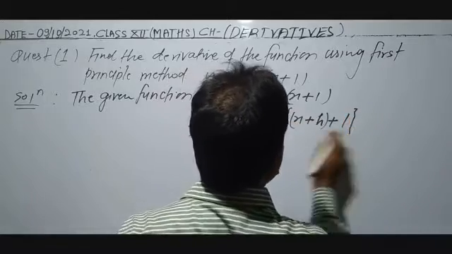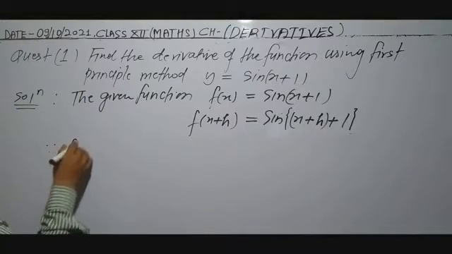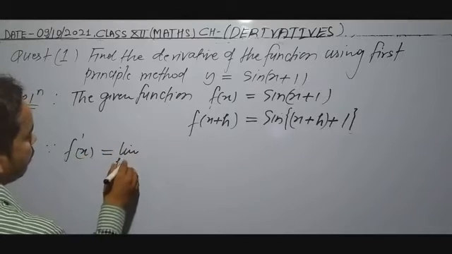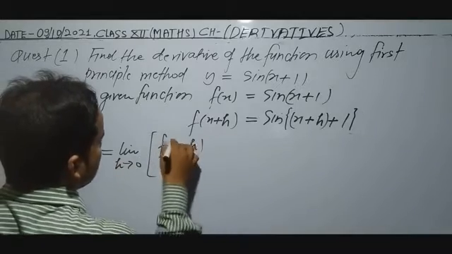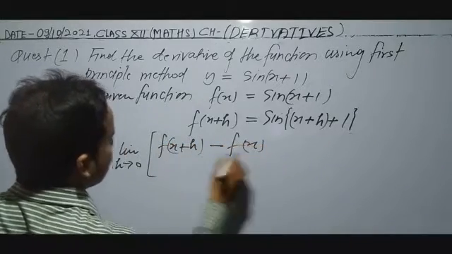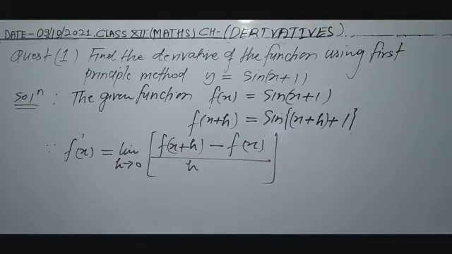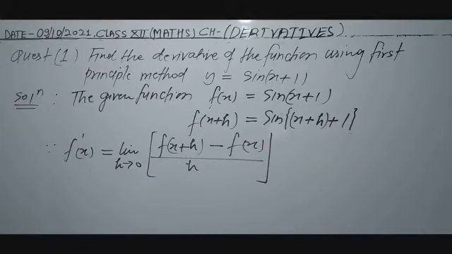At the place of x you have to put x plus h. Now you know the derivative f dash x is limit h tends to 0, and the formula is f of x plus h minus f of x whole upon h. We have to solve this question using first principle, so we have used this formula.